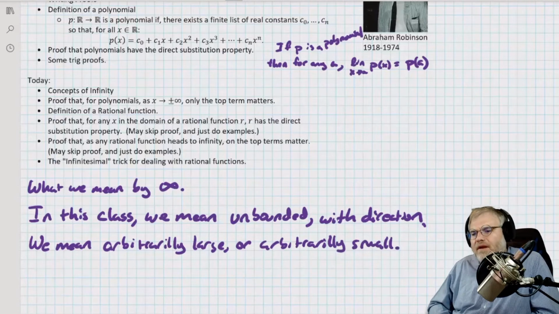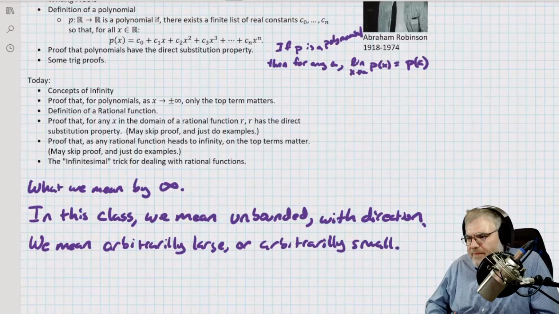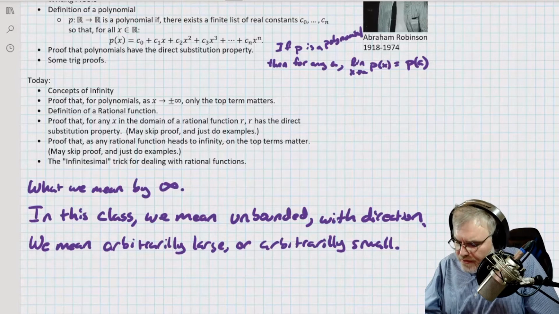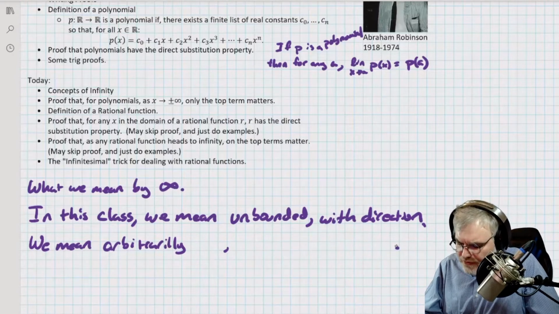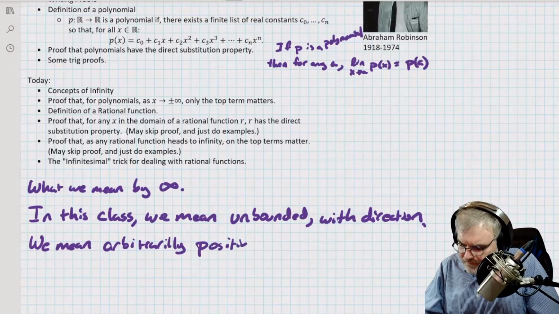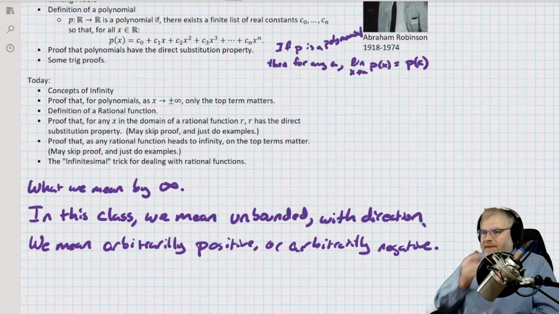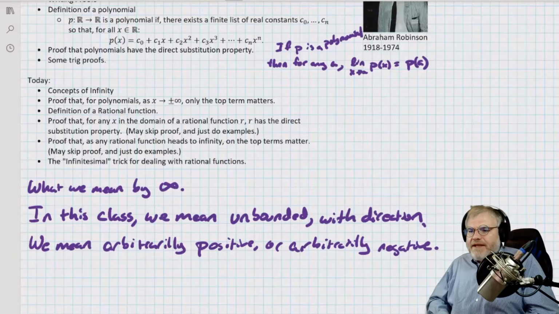Let's take an easy example. Are there any questions? One to five, how do we feel about that concept? Not arbitrarily large, I'm sorry. We mean arbitrarily positive or arbitrarily negative. So how do we feel about that? Okay, so we mean just really big.